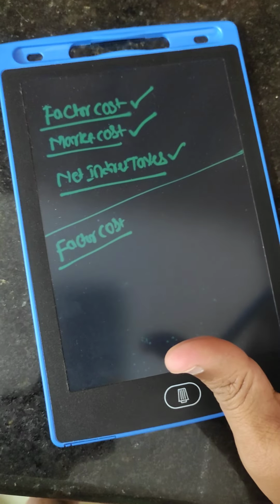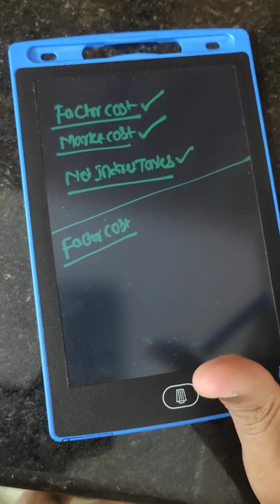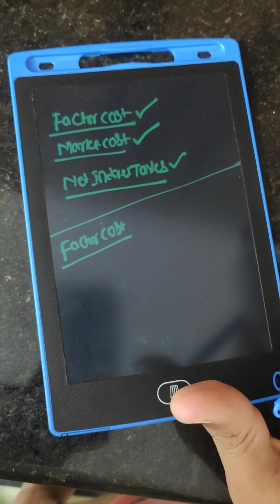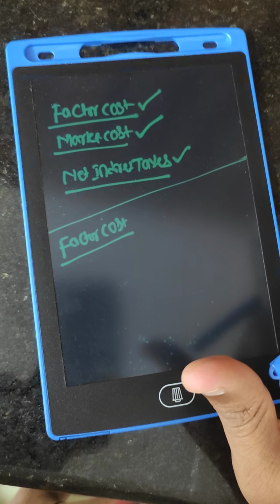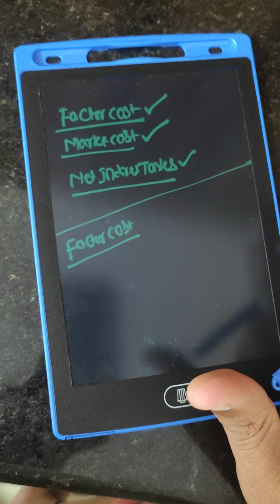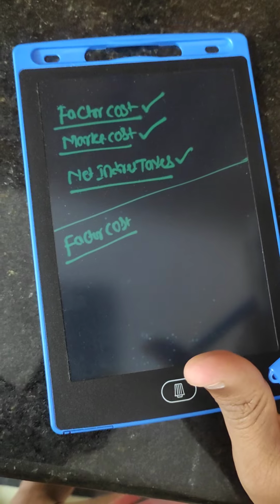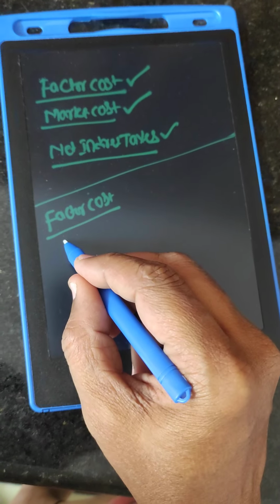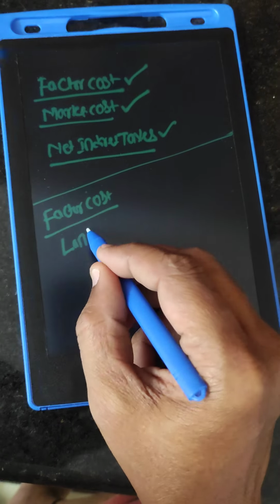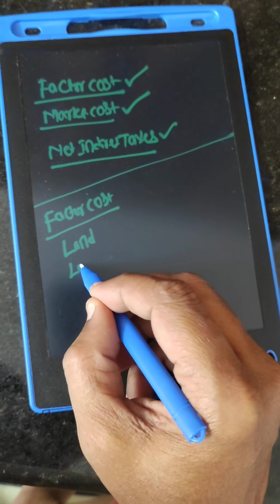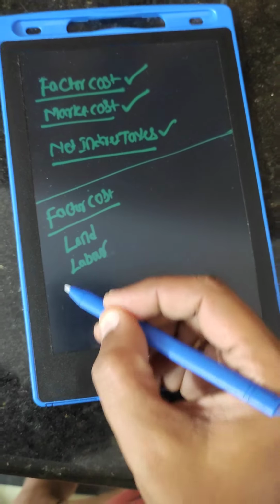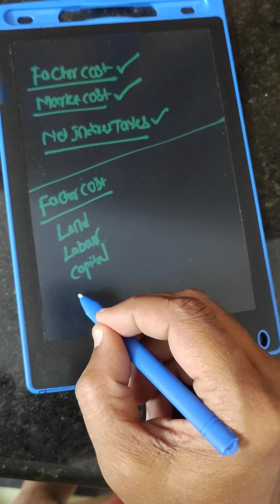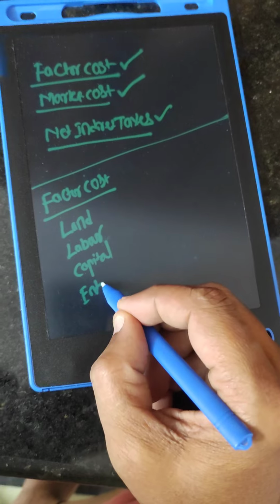To produce some products, we have to use some production factors, right? They are called factors of production. We'll see the factors. The first one is land, second one is labor, and third one is capital, and we need some enterprise.